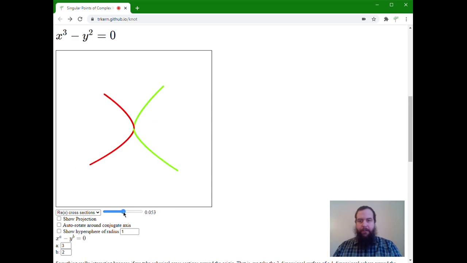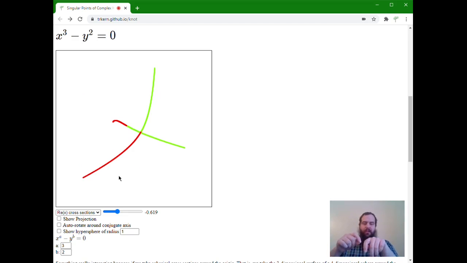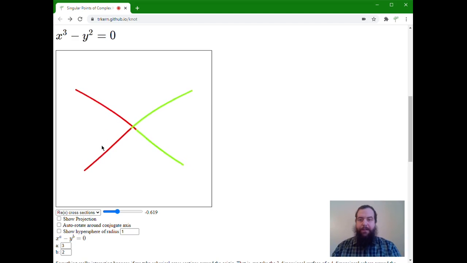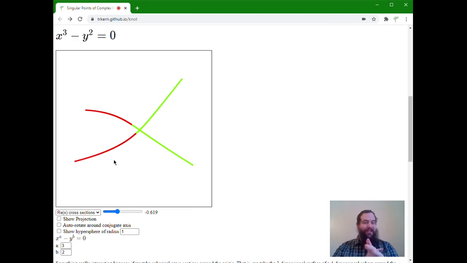So notice that the colors of these points, if we watch them in animation, haven't changed, but now suddenly the two red pieces of the red curve have broken off from each other, and the two green pieces of the green curve have broken off from each other. They've kind of done an exchange when they did that crossover.